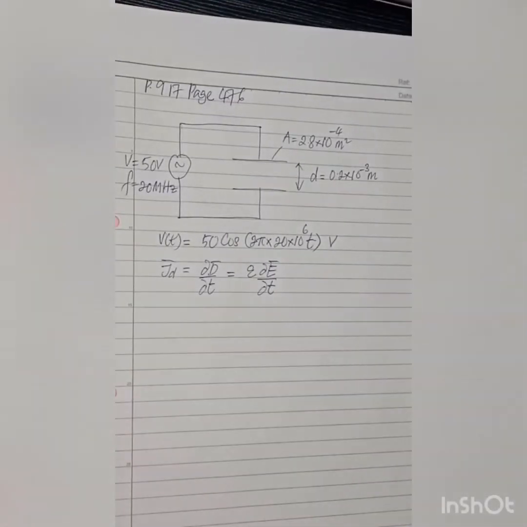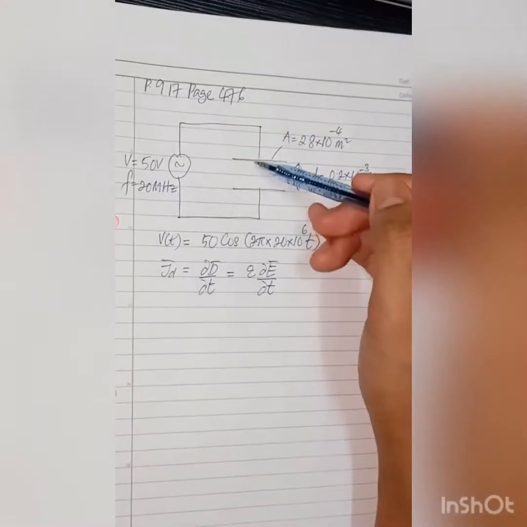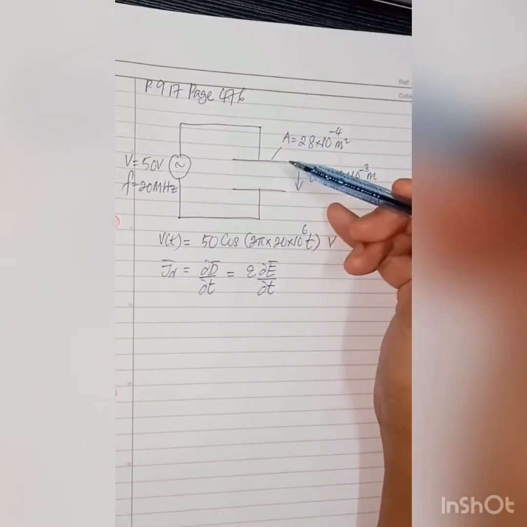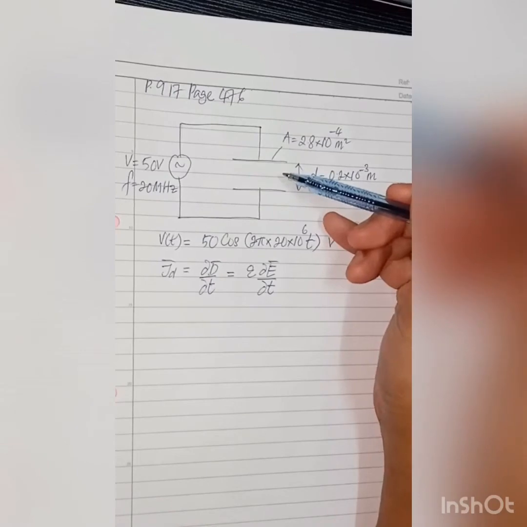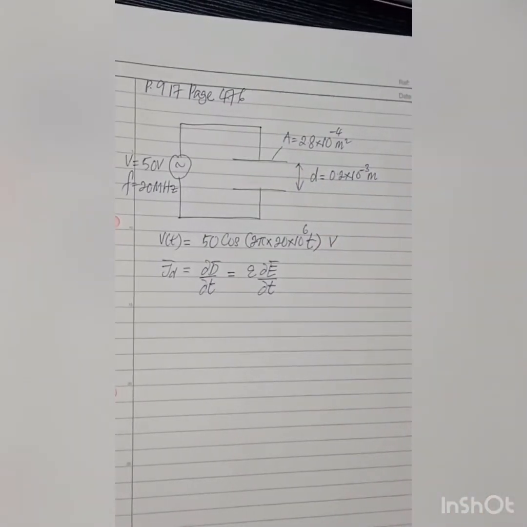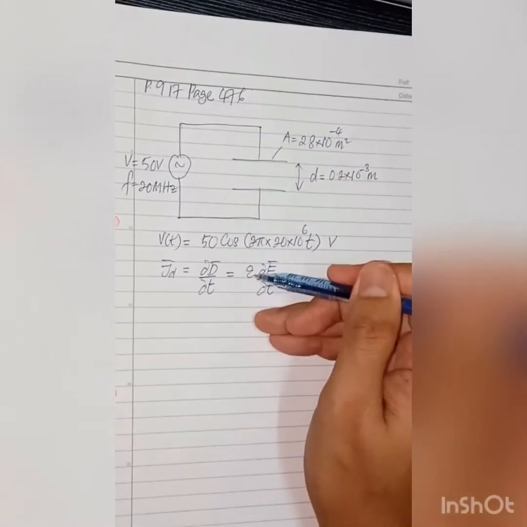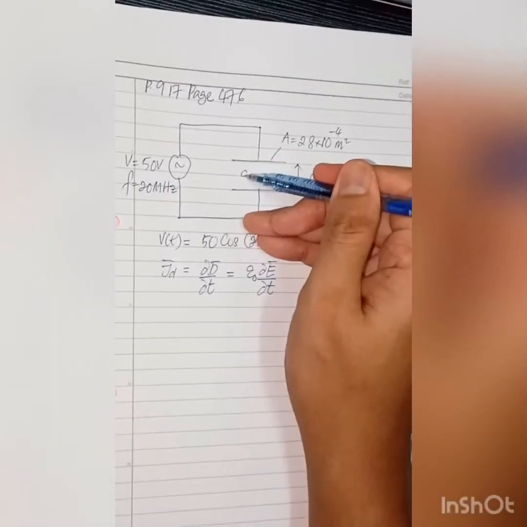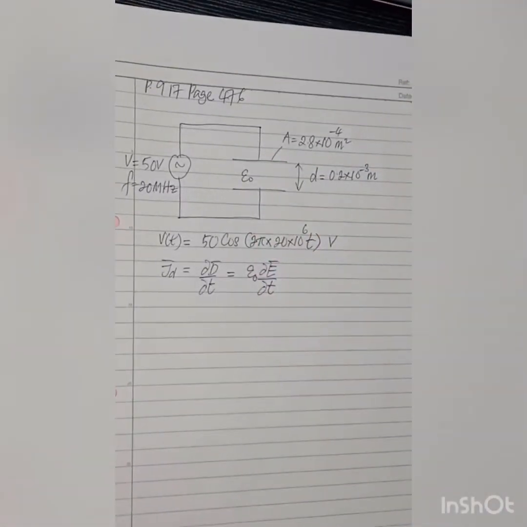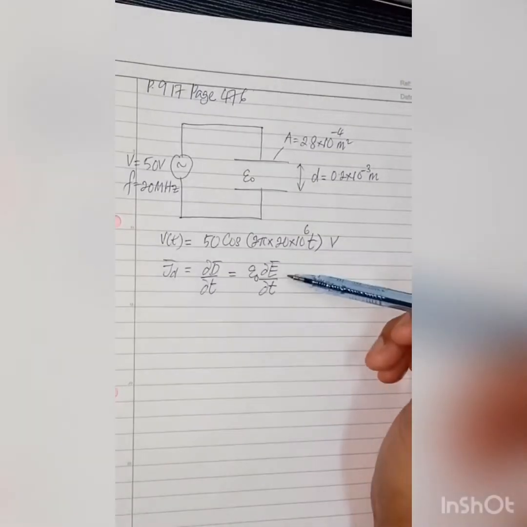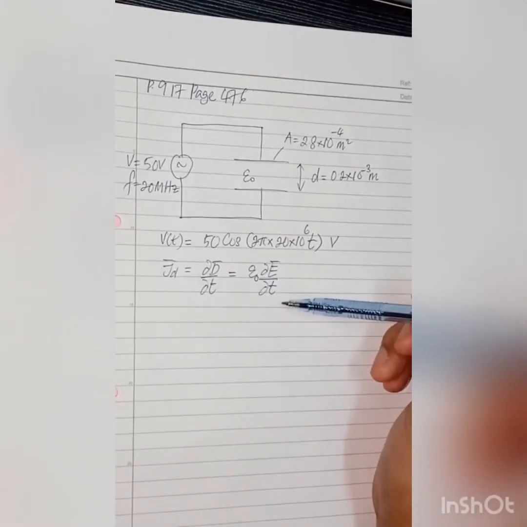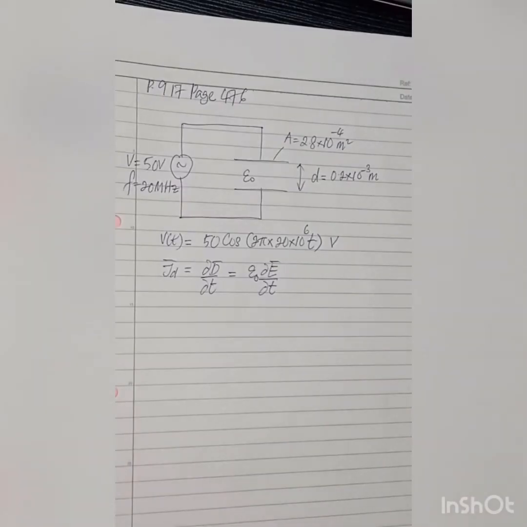Since the space between these plates is filled by air, the free space, we can simply have epsilon naught here. So now we just differentiate the E over t. However, we don't have the E yet, so we just find the E from the v(t).